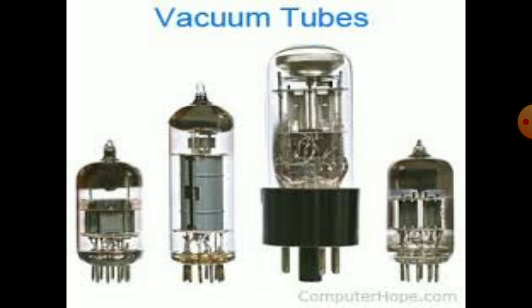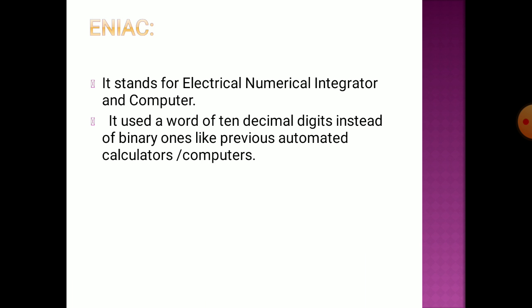Then next we'll see about ENIAC. Here ENIAC stands for Electronic Numerical Integrator and Computer, because here we used to perform calculations of numerical and integrated values, that is, the arithmetic operations.